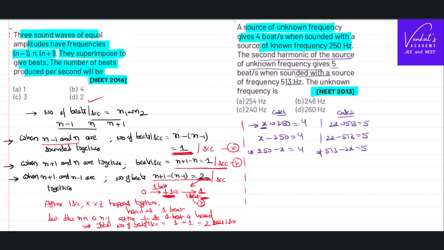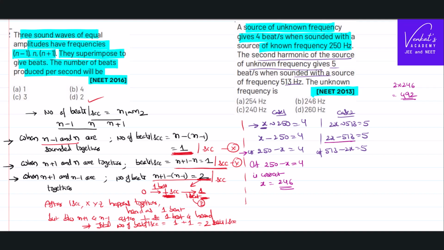So let us start by thinking that this is the answer. If 250 is more than x and 250 minus x equal to 4 is correct, then x becomes 246. When x becomes 246, put that 246 here. 2 into 246, let me do that calculation somewhere here. 2 into 246 means 2 sixes are 12, 2 fours are 8, 9, 492.